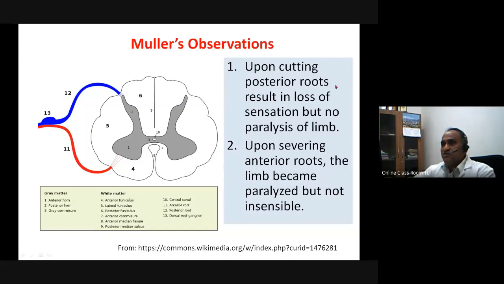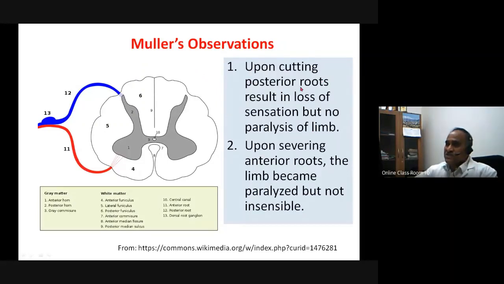By cutting the posterior root, there was a loss of sensation in the limb, but no paralysis of the limb. But when he cut the anterior root, the limb was paralyzed, but the sensation persisted. These are Mueller's observations.